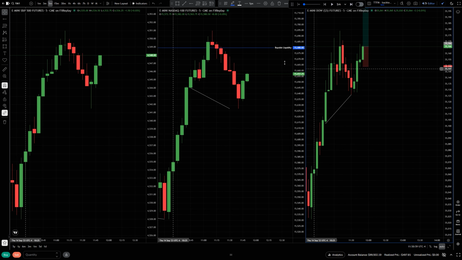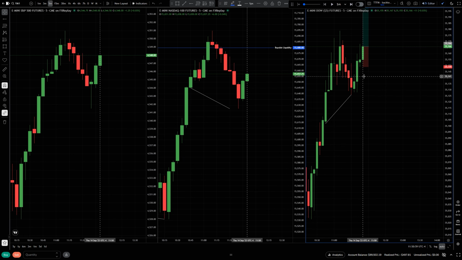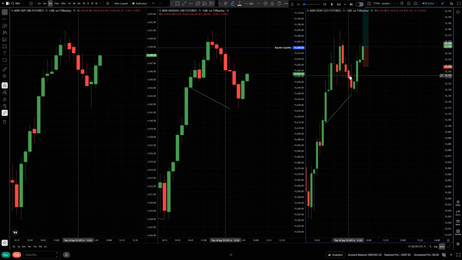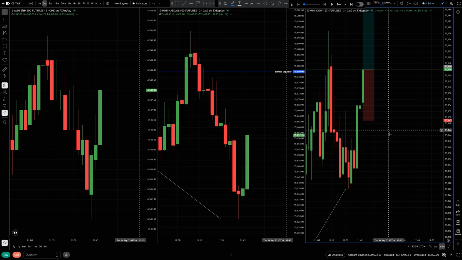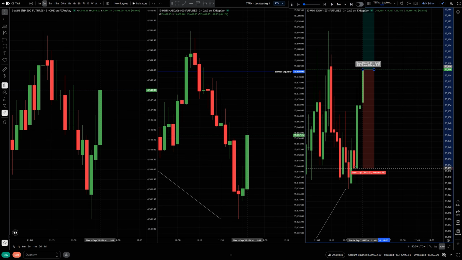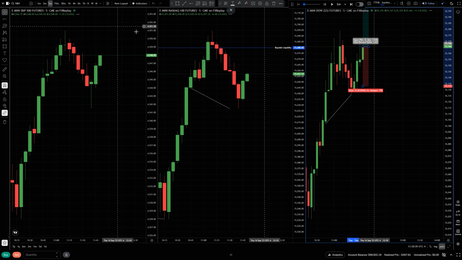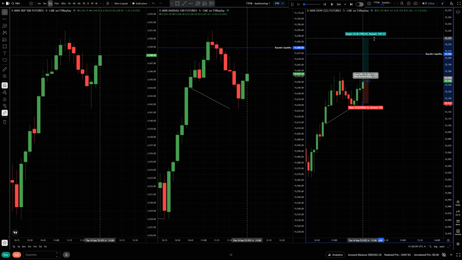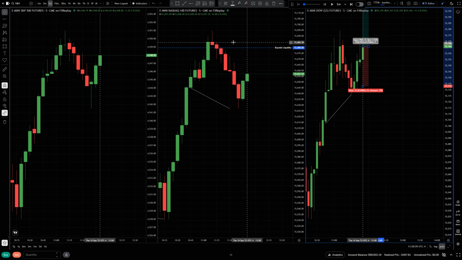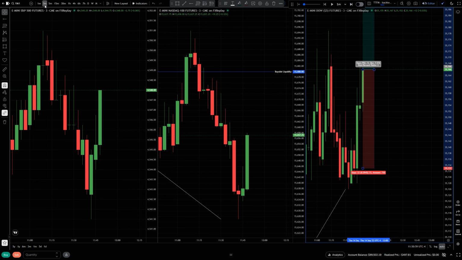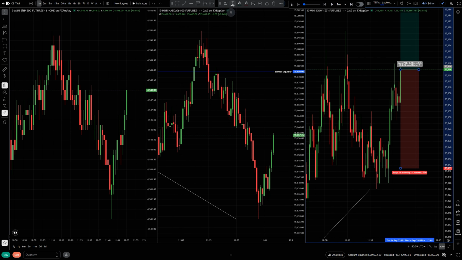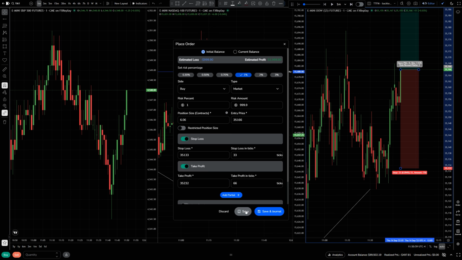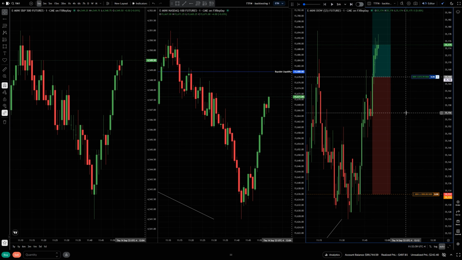So we can take entry. Looking at the 5-minute chart, we have this gap that could potentially be revisited. So our stop would have to go below this to be completely safe. So 2R would be about here. I'll take it like this. So let's see.